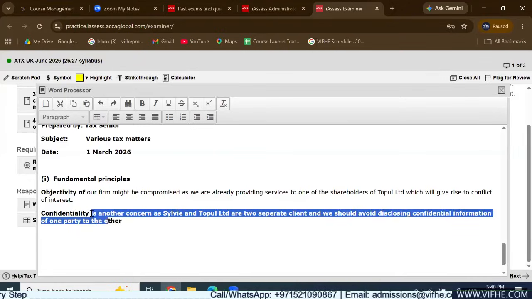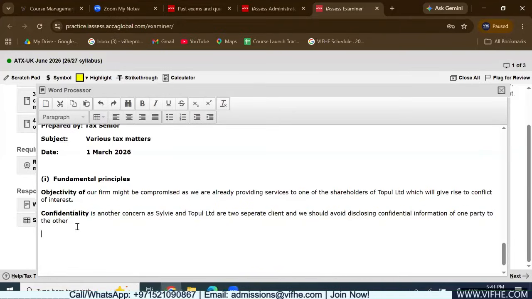Then there is another ethical principle which is going to be compromised in this case. And what is that? It's about integrity. Maybe whatever information we provide to the company might not be beneficial for their shareholders and vice versa. So compliance is definitely required, so that the director of Topal Limited needs to comply with the law.